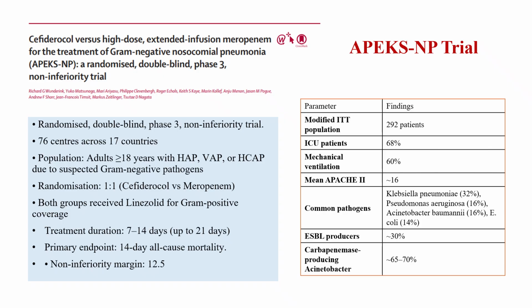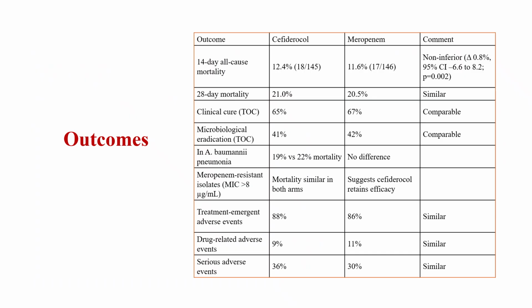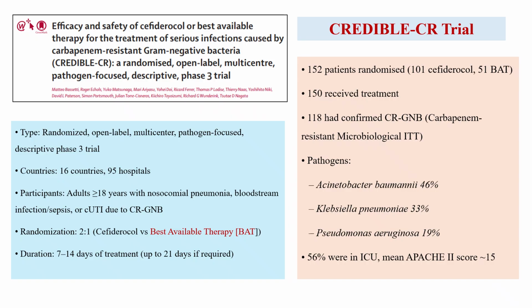Both arms received linezolid, and most of the patients here were again CRE, Klebsiella, Pseudomonas and Acinetobacter. But these patients are not carbapenem resistant. Approximately 20% of this trial had carbapenem resistance, and you can see that cefiderocol is non-inferior to meropenem in this particular trial. So when you are comparing head-to-head with meropenem or imipenem, it has done equally well both in UTI and in hospital acquired pneumonia.